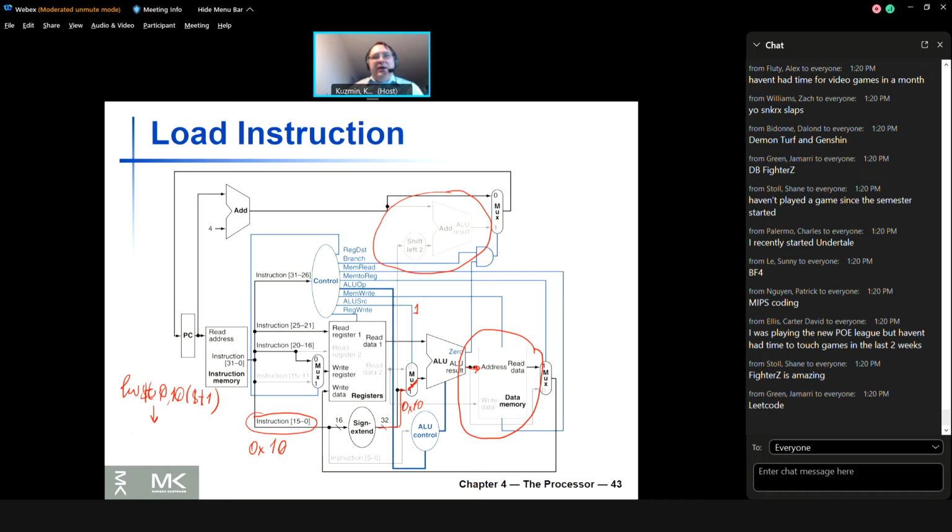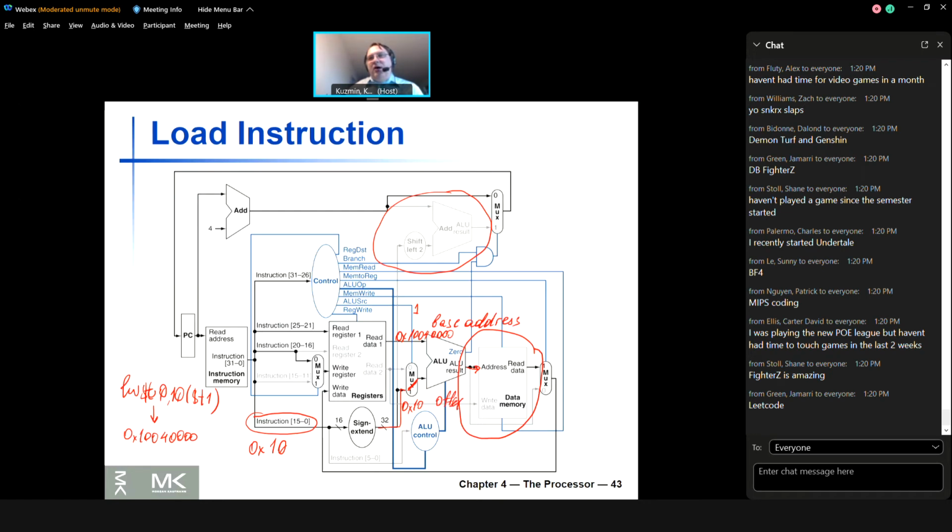So let's say that value is 1000 with four zeros, 1000 0000. Okay, so this is what we call the base address, like if we are accessing an array or something, and this is the offset, right?